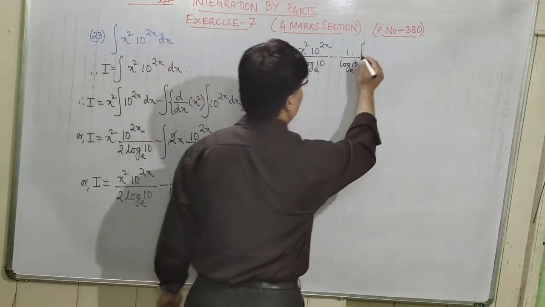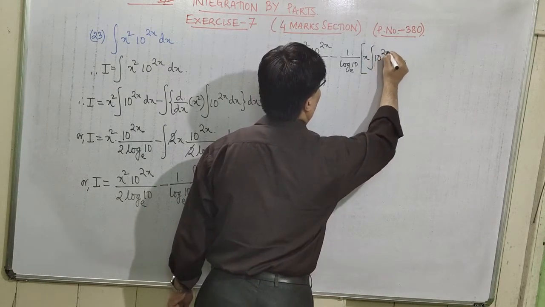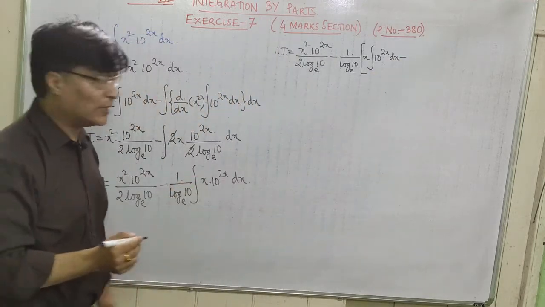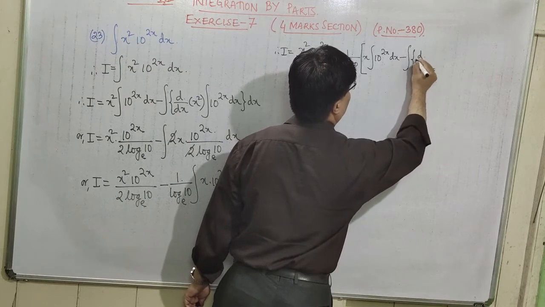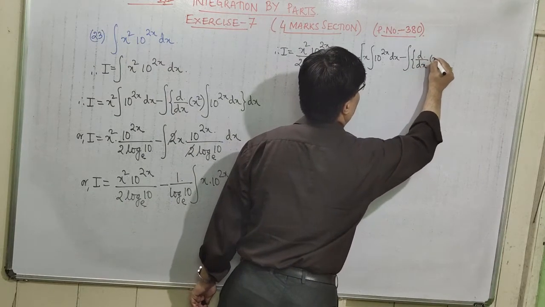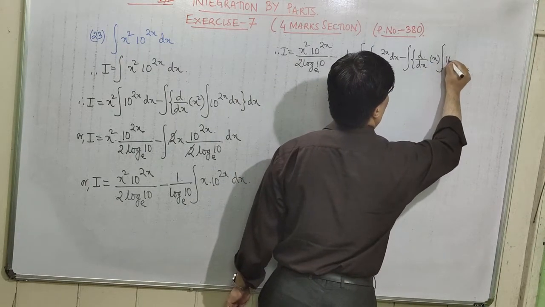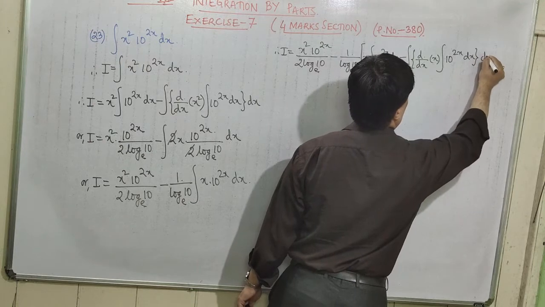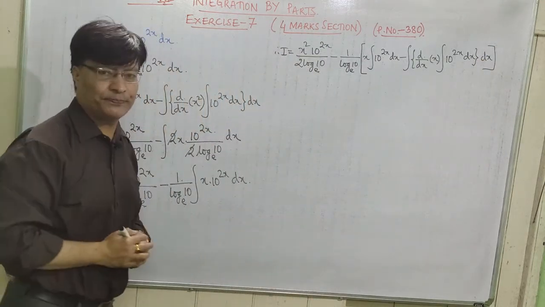So x is taken outside, x integration of 10 to the power 2x dx minus integration of, in the second bracket, d by dx of x, then integration of 10 to the power 2x dx, second bracket closed, dx, then third bracket is closed.